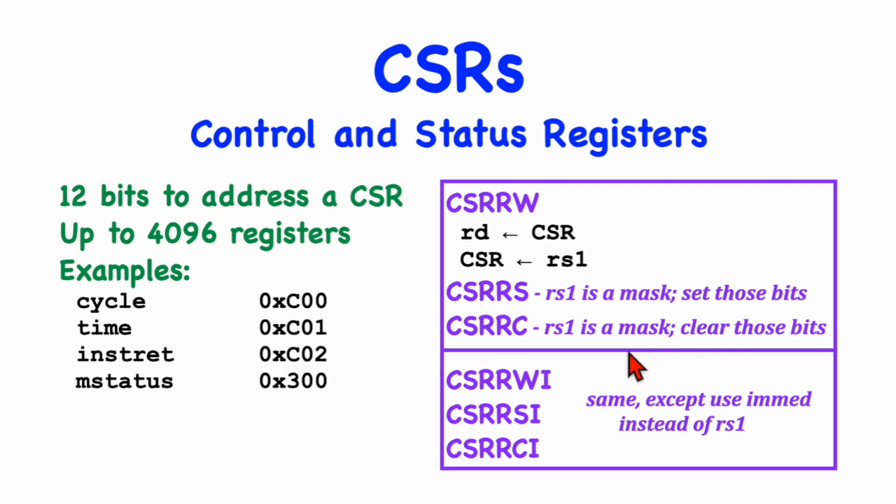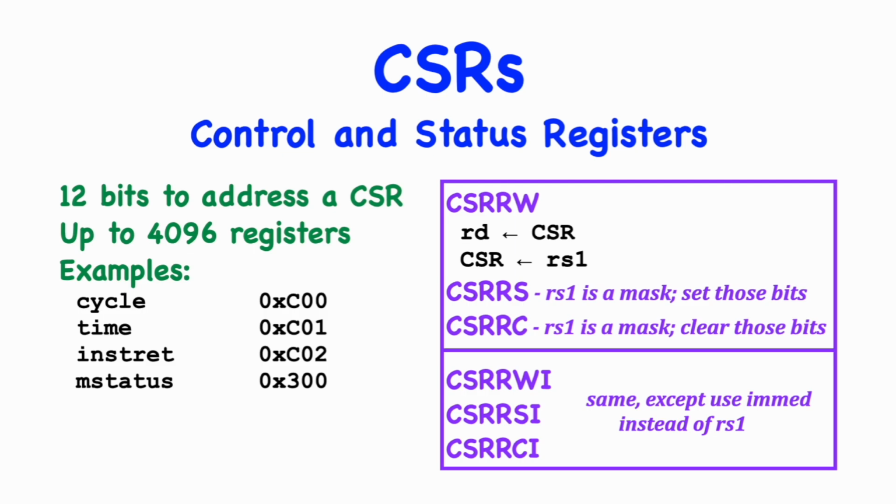And these final three instructions do exactly the same thing, except that instead of the source value coming from a register, it comes from a 5-bit immediate value, which is encoded in the instruction itself. And that 5-bit immediate value gets 0 extended to 32 bits. This happens to make the low order 5 bits in any CSR particularly easy to set or clear.